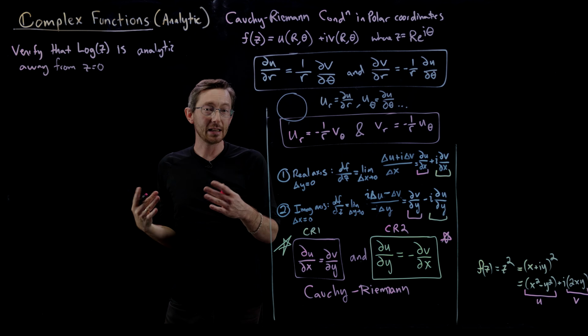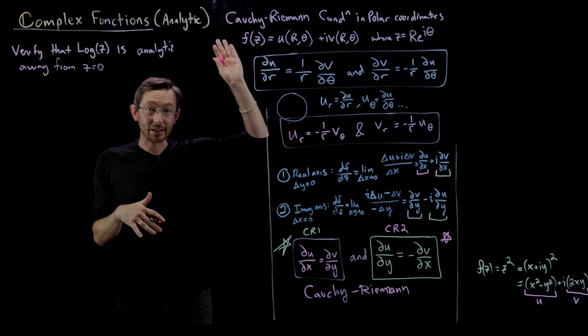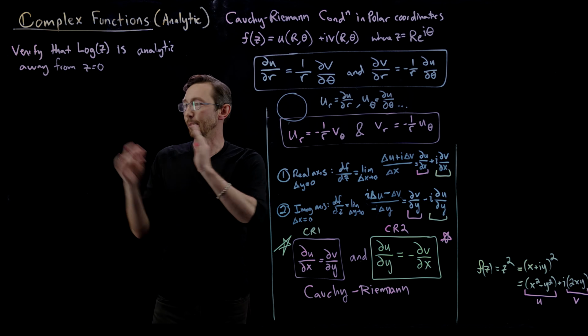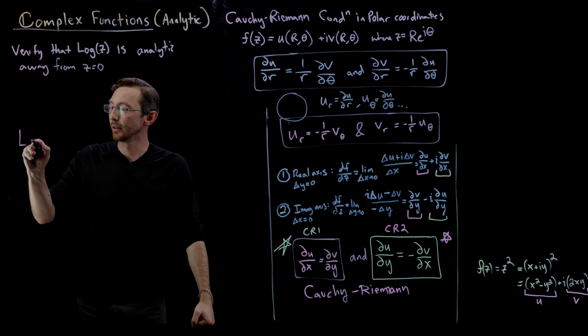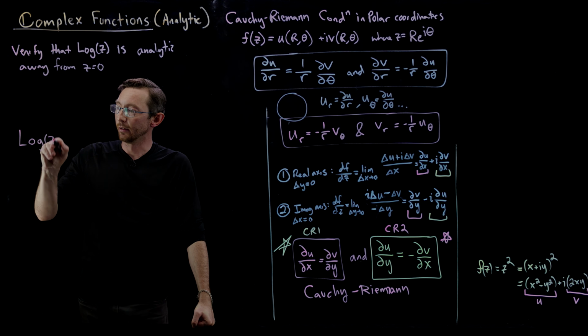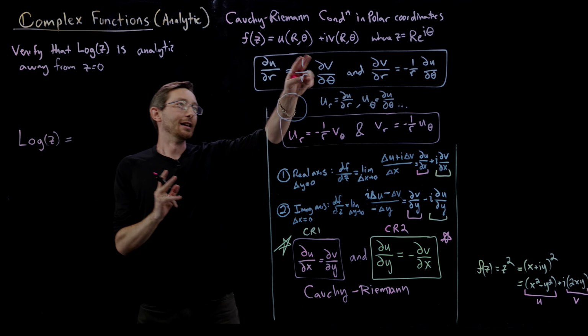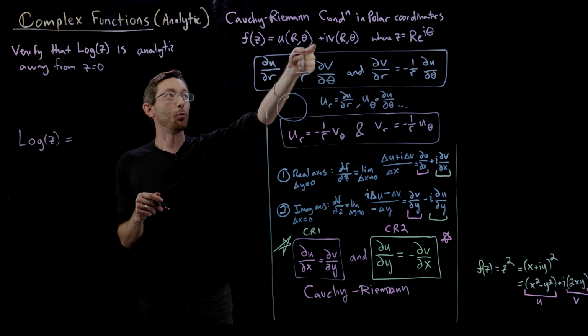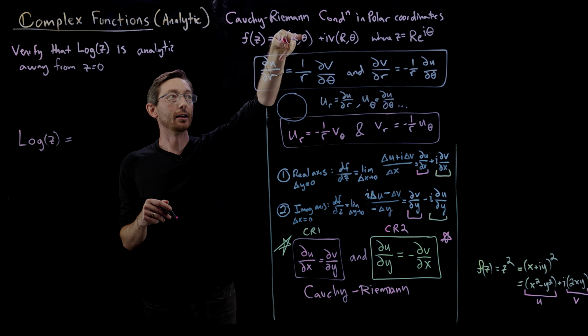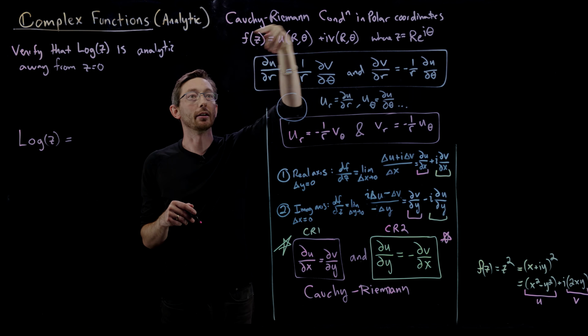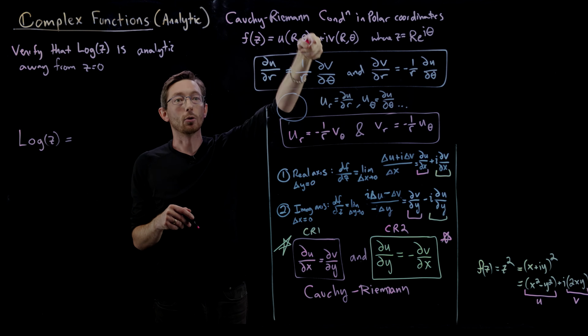Remember, the log of z is a weird function. It's infinitely valued, and I'm just going to write it down. So log of z equals, and I'm going to write it down in exactly this form. Okay, so that's why I'm deriving Cauchy-Riemann in terms of the real plus imaginary part of f, but in polar coordinates for z.